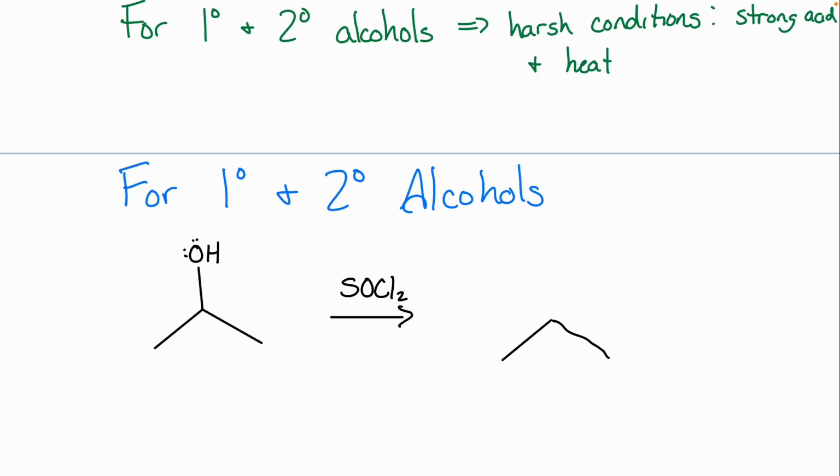And this will accomplish that same conversion, that same substitution reaction, placing a chlorine in place of your alcohol. And this does not require those harsh conditions. This is something that you can do at room temperature in a reasonable amount of time. You just need to go ahead and purchase this fancy little designer reagent.